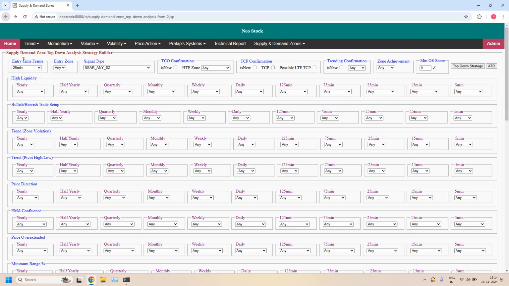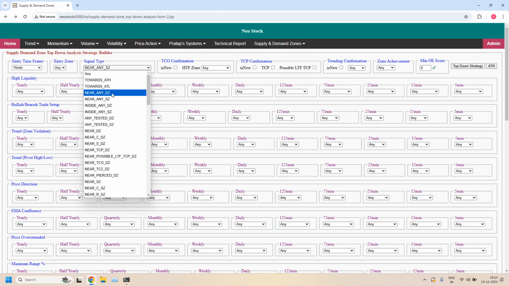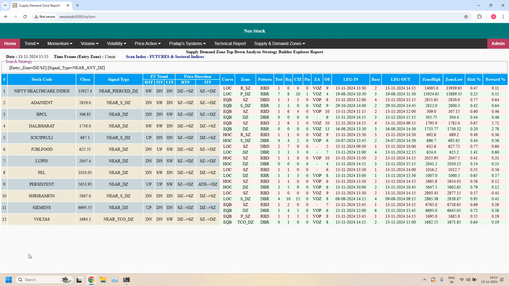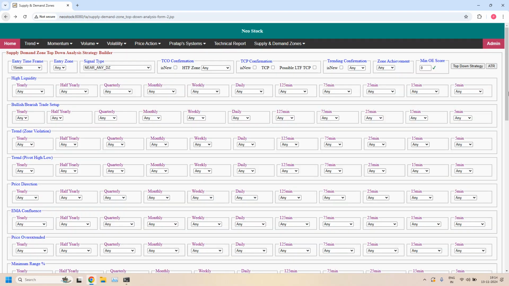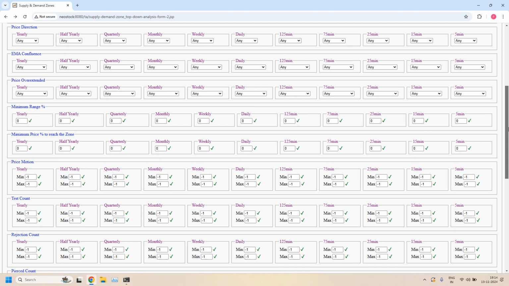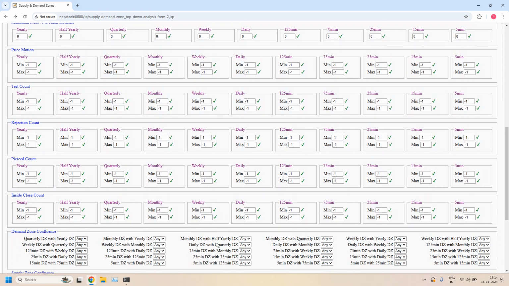Next time frame is 15 minutes. Let us find stocks near the 15 minutes demand zone. 12 stocks are filtered. In these, how many of these demand zones are having ITF confluence? LTF and ITF. That means 15 minutes demand zone confluence with 75 minutes demand zone confluence.